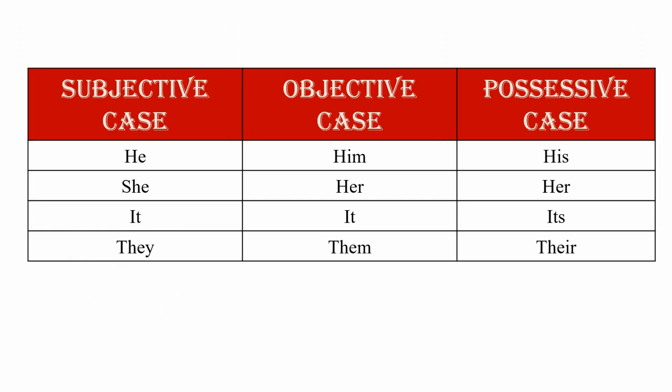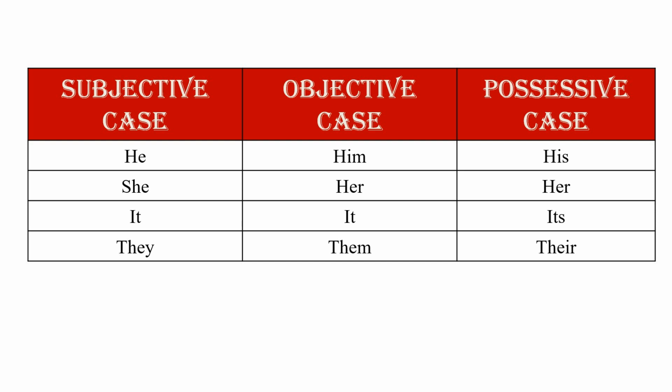He का objective case है him and possessive case है his. She का objective case होता है her and possessive case भी होगा the same, her. The subjective and objective case of it remains the same, and the possessive case of it is its. The subjective case of they is them, and the possessive case is their.